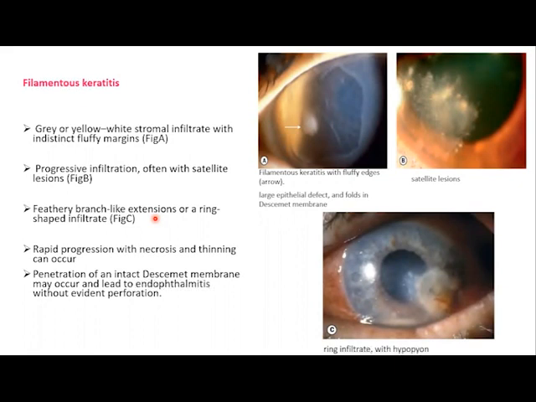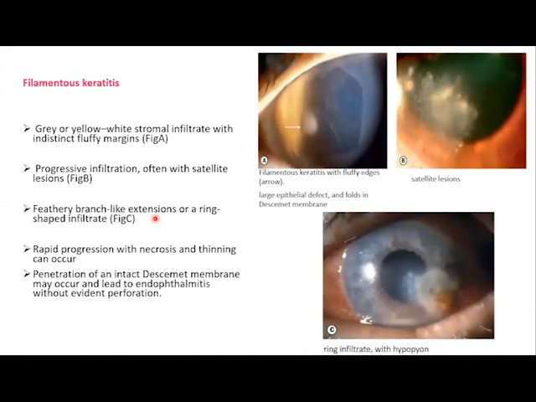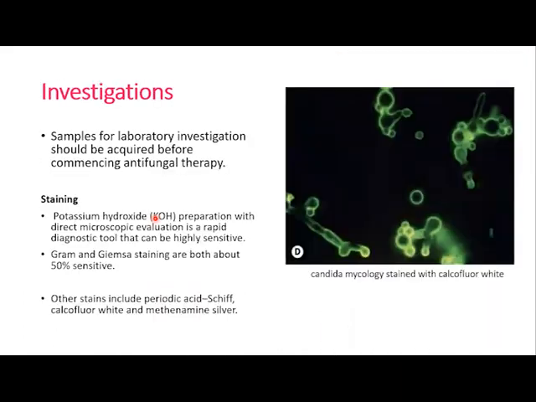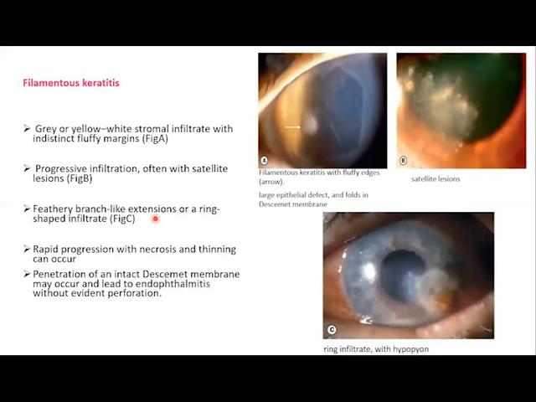The next slide is also very important because most of the time we have to proceed on a clinical basis. These are some of the specific features of fungal keratitis. In 90% of cases of fungal ulcer, they present with this typical description given in the textbook.